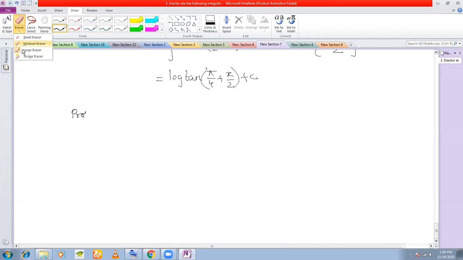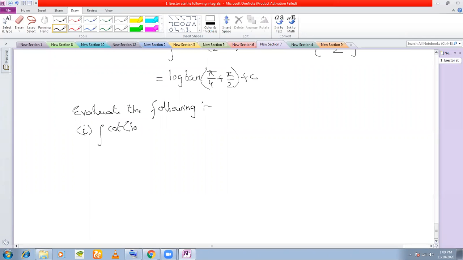Let me give you all together. Evaluate the following. Number one, integral cot(log x) by x dx.